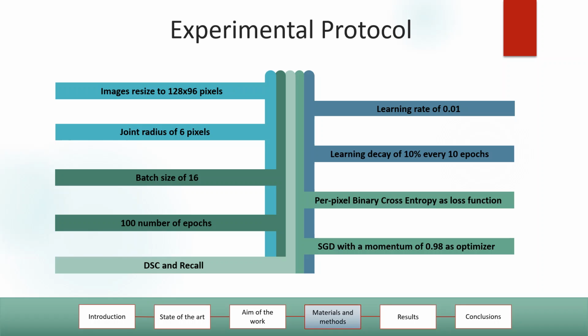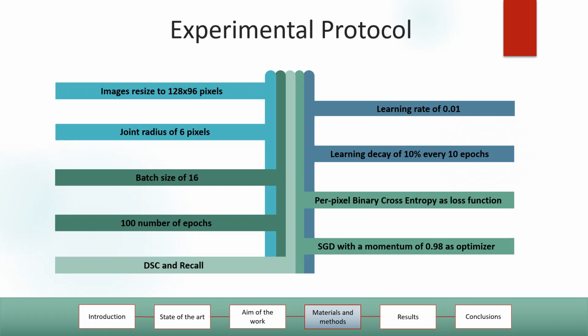In this thesis, the experimental protocol applied consists in resizing the image to 128 by 96 pixels in order to smooth noise and reduce both training time and memory requirements. A joint radius of 6 pixels was selected to build the ground truth mask.